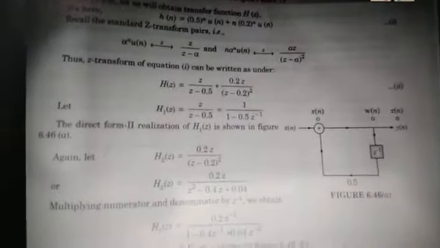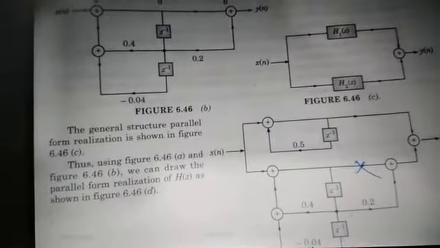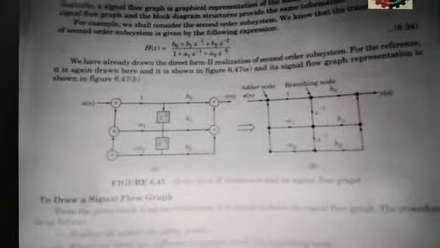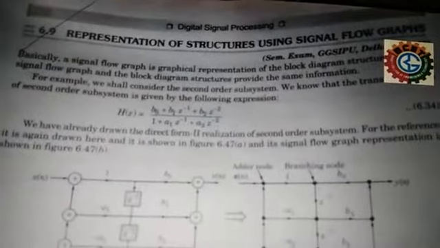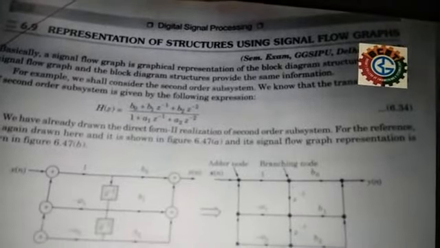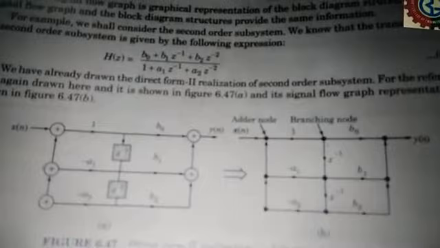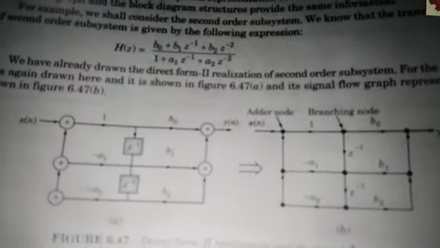These numericals we have seen already. And one more thing, before this I will introduce the representation of the structure using a signal flow graph. The structures can also be represented with the signal flow graph.